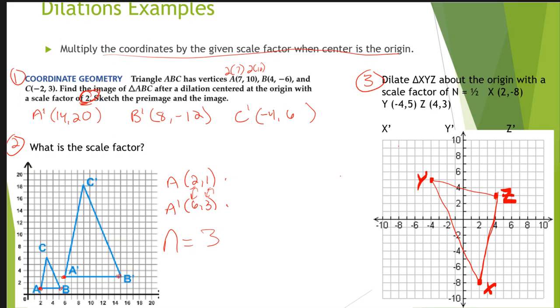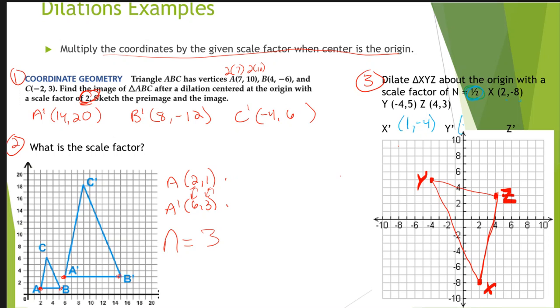All right, so for this one, the scale factor, it says n is a half. So in your mind, you should already be thinking that this is a reduction, so it's going to get smaller. And all you're going to do is take the half, and you're going to multiply it by the coordinates. So 2 times a half is 1. -8 times a half is -4.